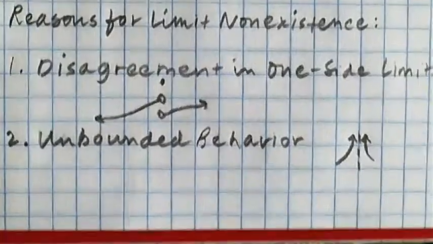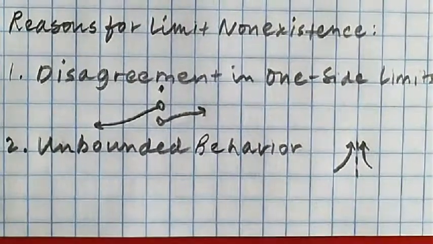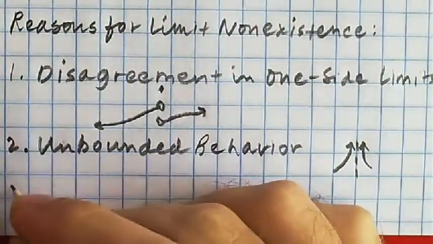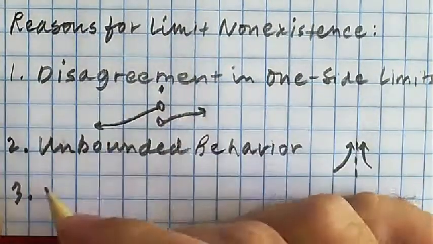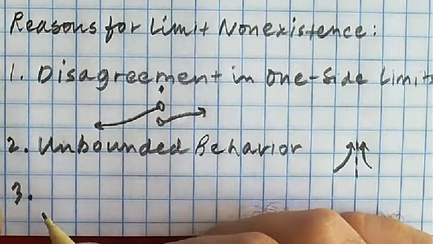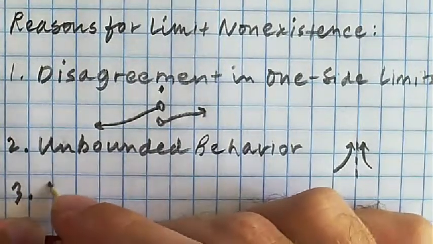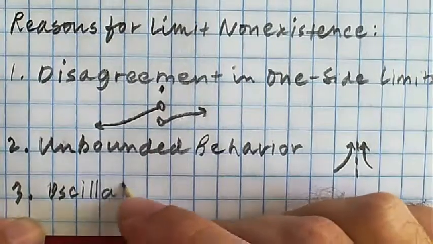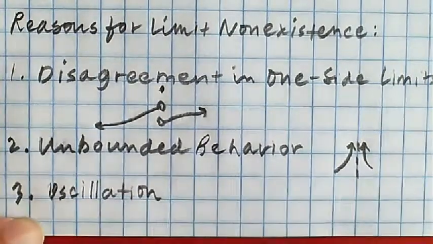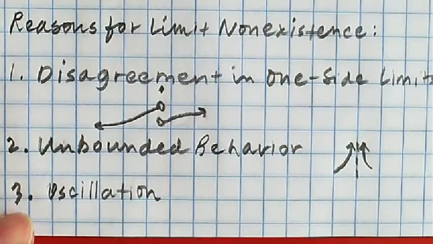And then lastly, the third one is limit doesn't exist due to oscillation. This is not going to actually ever happen in this class, but I do need to make you aware of it.